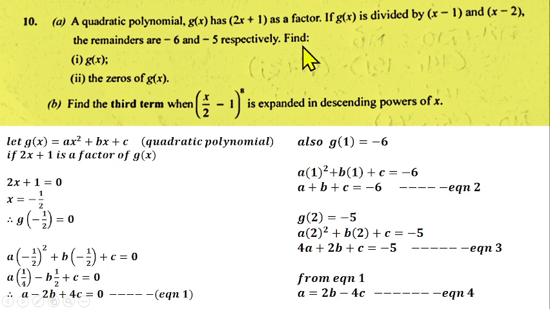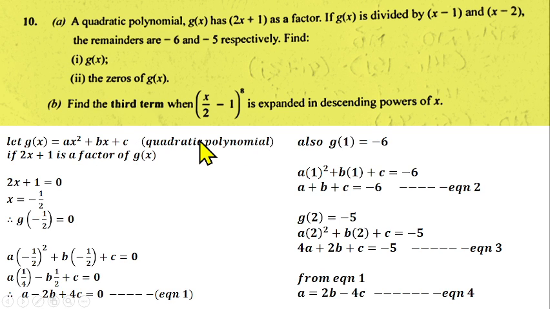So if you remember, we have to find g of x, then find the zeros of g of x. Now let me take you back to polynomial. That's the remainder theorem in polynomial. So we know that when you use a divisor to divide a dividend to get a quotient, when the divisor divides the dividend and the remainder is 0, that means the divisor is a factor of the dividend.